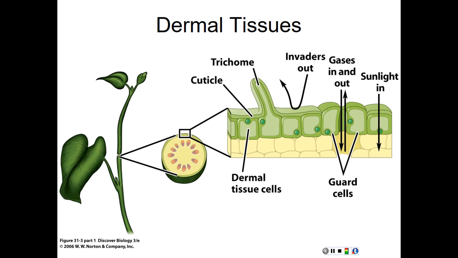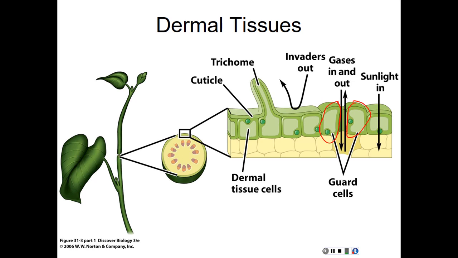So we also can have some cool specialization going on in dermal tissues. So we can get what are called guard cells. So here are some guard cells. Guard cells control the opening and closing of stomata, and thereby have a pivotal role in gas exchange.